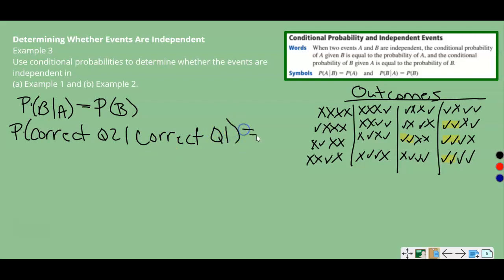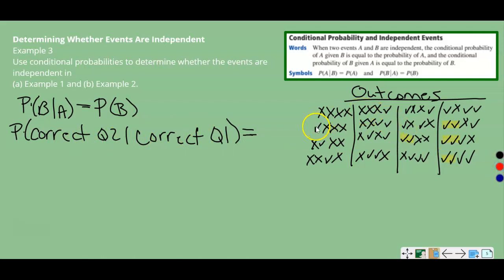That's what we're looking for. We've already highlighted in the last example the ones that had 1 and 2 both correct. Now we want correct for question 2 given correct on question 1.